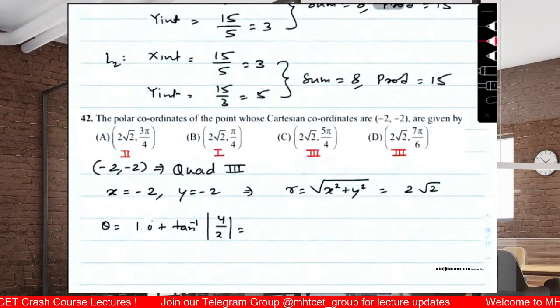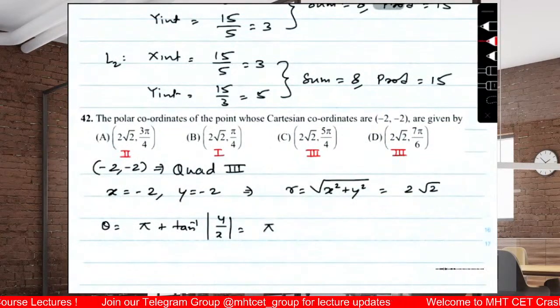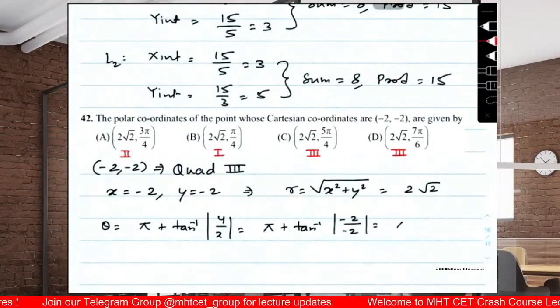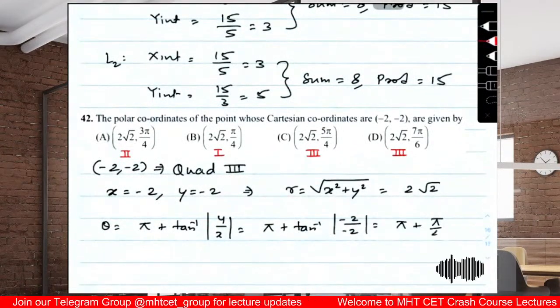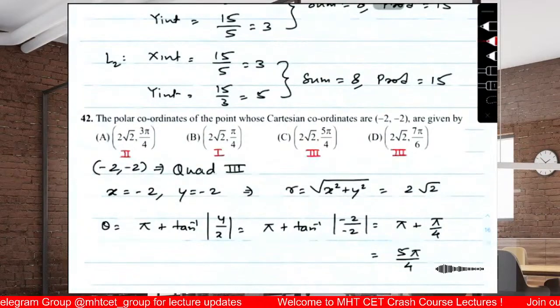So 180 मतलब pi. Pi plus tan inverse of -2 divided by -2 in mod. Pi plus pi by 4. That is 5 pi by 4. Option C.